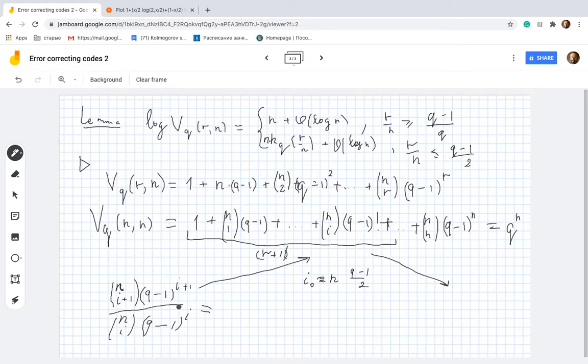So recalling the formula for the binomial coefficient, we see that this is equal to n factorial over i plus 1 factorial, n minus i plus 1 factorial. And here we have again n factorial, i factorial, n minus i factorial.